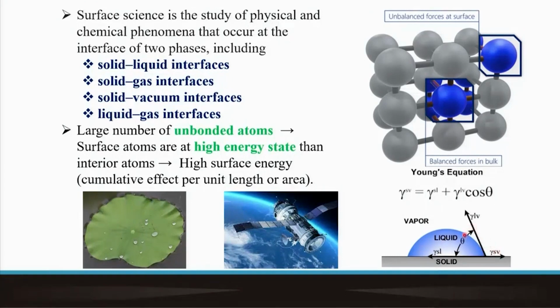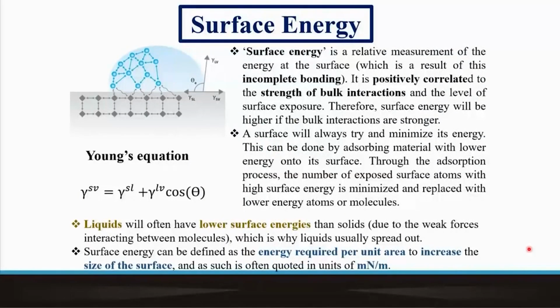And this shape can be easily defined in terms of the angle subtended between the force vector here, which is between the solid and the liquid, and the one between the liquid and the vapor. And this angle defines whether this liquid is going to spread very easily or it is going to ball up in the form of a near sphere.